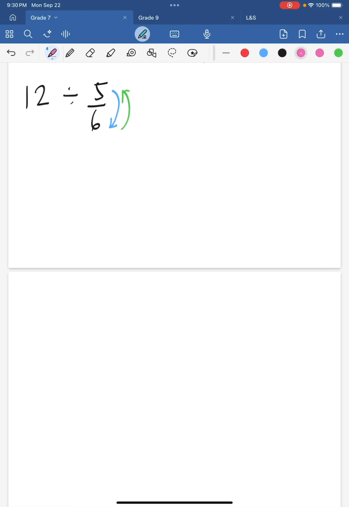And our division will turn into multiplication. So we have 12 times 6 over 5. So we could just multiply the numbers on a linear pattern right away. So 12 times 6 is 72, over 5. And this is our final answer.